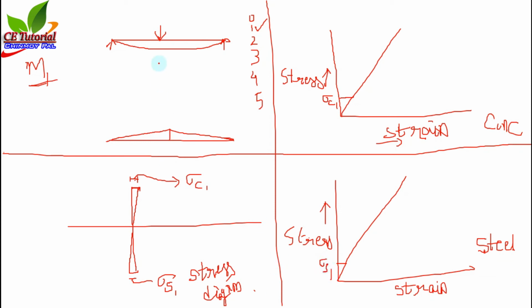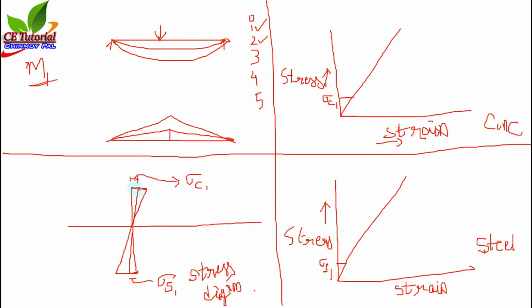Okay, and when we are in the second position, that means we increase the load. Suppose this is the deflection, so this is the bending moment at the second stage. Okay, and this is the next bending stress diagram.